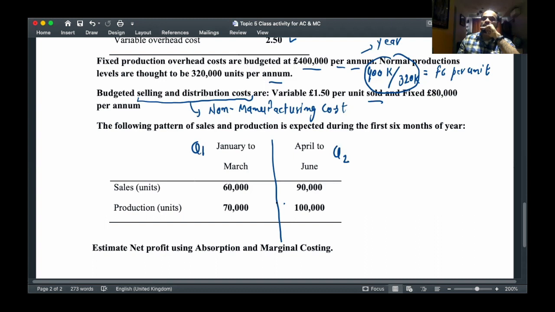For April to June, which is quarter 2, sales units are 90,000 and production units are 100,000. So we have to calculate net profit using absorption and marginal costing. So we will check absorption costing, right?